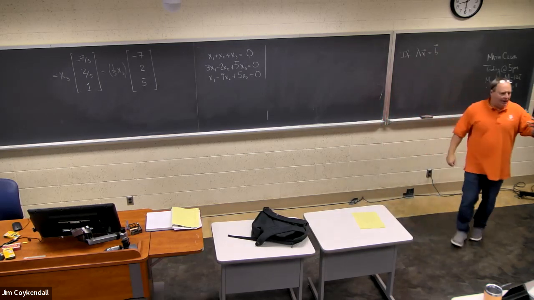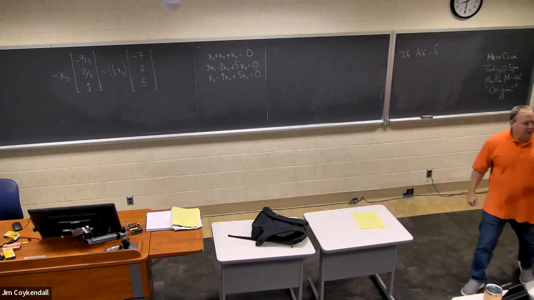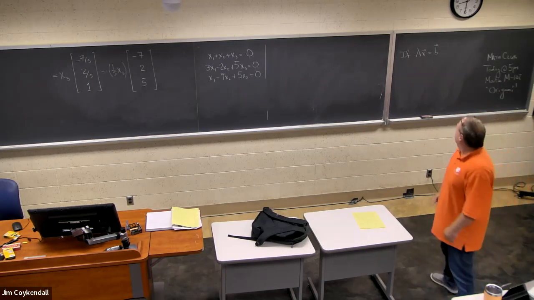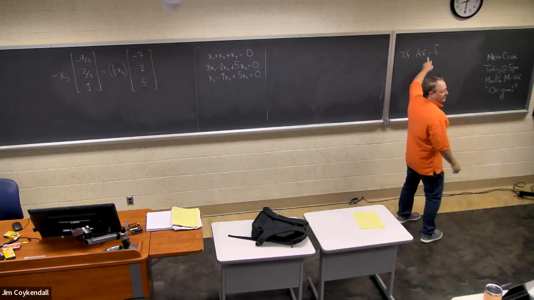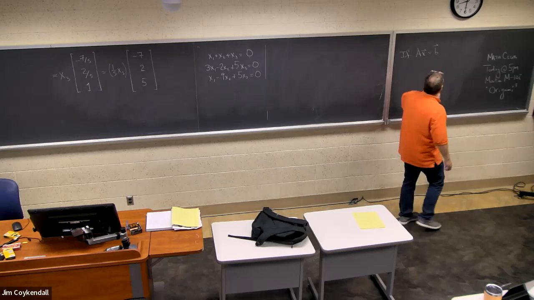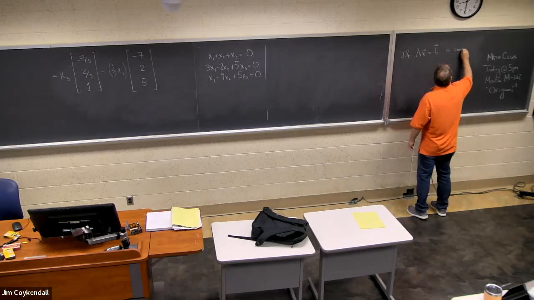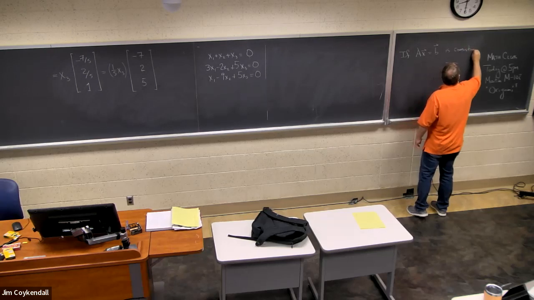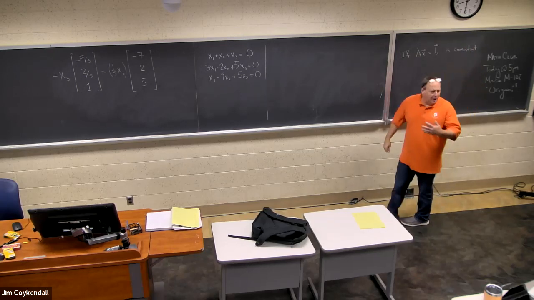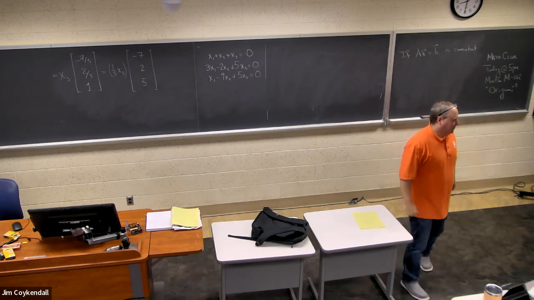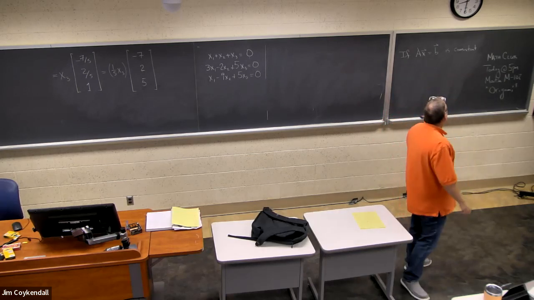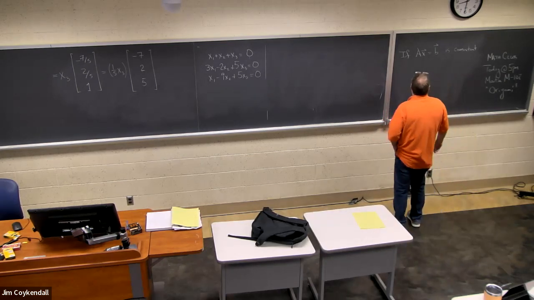Okay, suppose I have this more general equation, so now b is not necessarily 0. Suppose I have this equation here, and let's suppose that I actually have a solution. I mean, if you don't, it's kind of problematic, but let's suppose you actually have a solution.